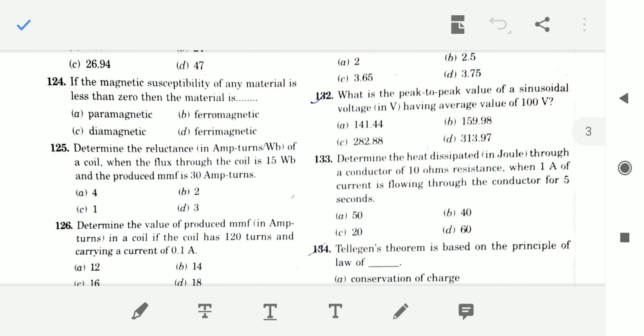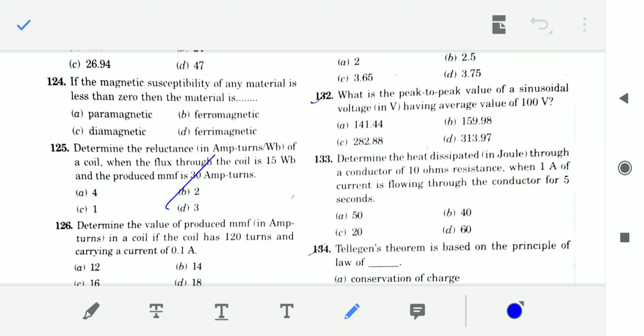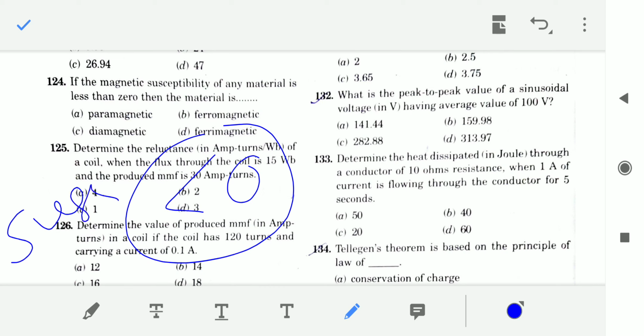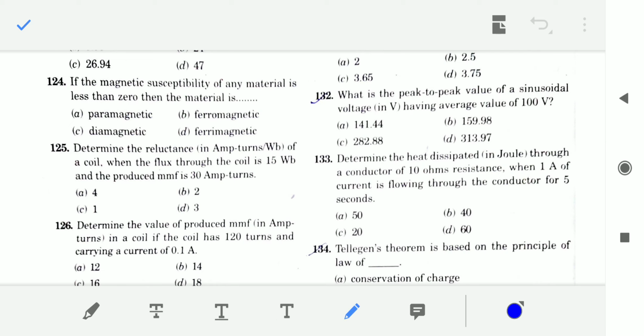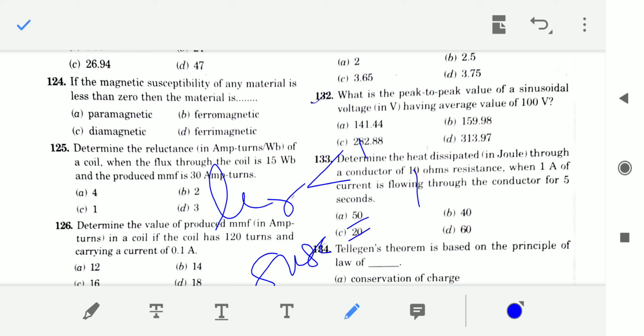And if the magnetic susceptibility of any material is less than 0, what is the material he is asking? We know that for a diamagnetic material, relative permeability is less than 1, and susceptibility is equal to permeability minus 1.